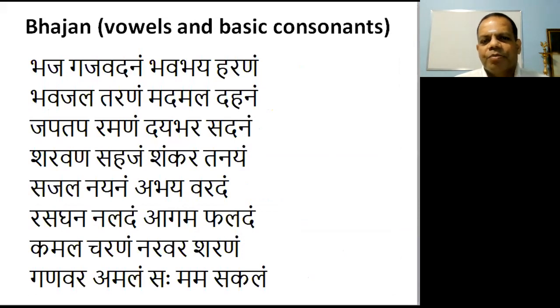I had done a bhajan with only simple words with vowels and basic consonants, that is akara. The entire bhajan is in akara. I will spend about 3-4 minutes, and I will just take you quickly over the words which we've already seen.